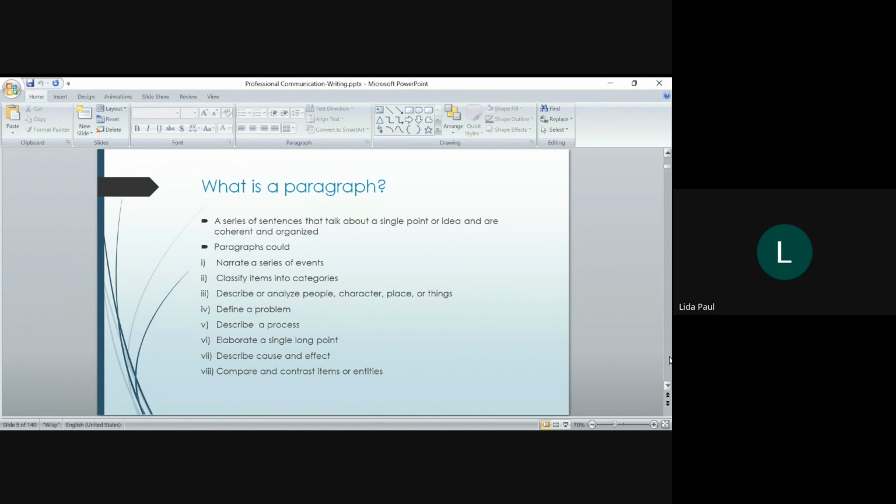You can use a paragraph to narrate a series of events. You can use it to classify. You can use it to describe and analyze. You can use it to define a problem, talk about a process, elaborate a single long point. Sometimes, if you have noticed while reading, certain paragraphs are usually just one point.